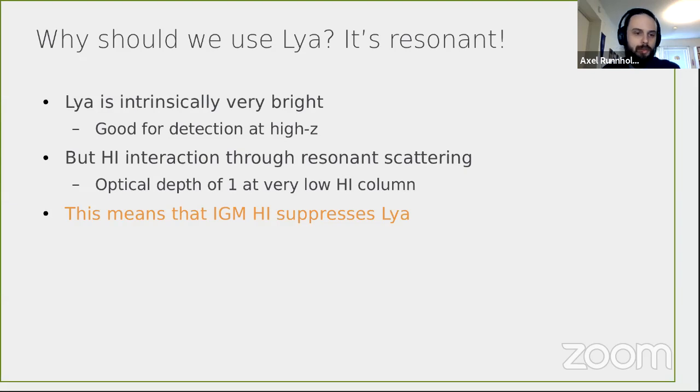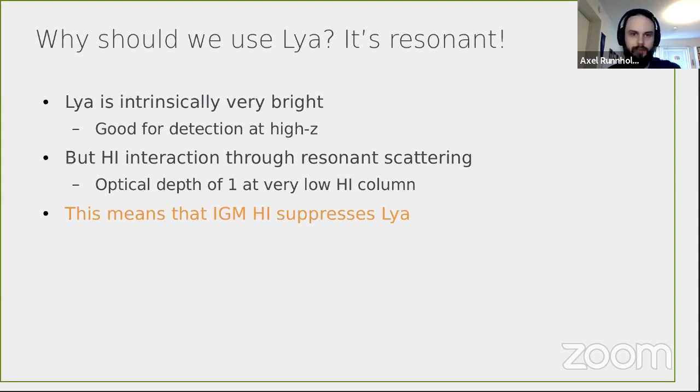But it's not just bright, it also is resonant, which means that it interacts with neutral hydrogen in the IGM, and it hits optical depths of 1 at very low HI columns. What this means is that the IGM neutral fraction will suppress Lyman Alpha, and we should be able to see that suppression.